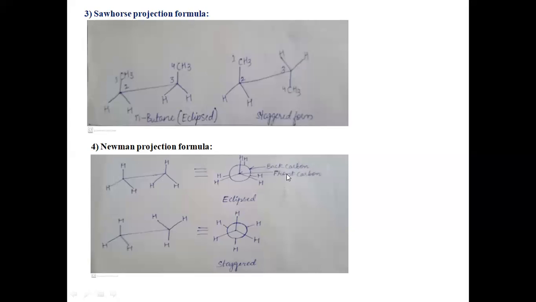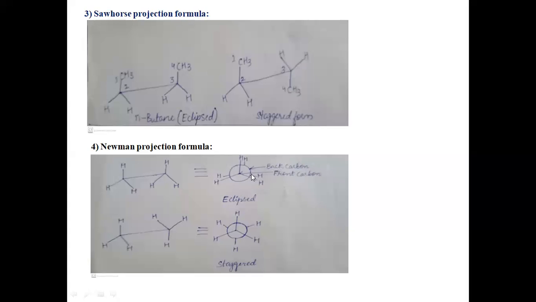This point is nothing but the front carbon atom, and this back carbon atom is represented by a circle. Three groups, or three atoms, are bonded to this back carbon atom, attached to it as shown in the figure.